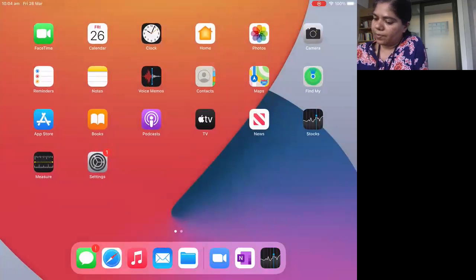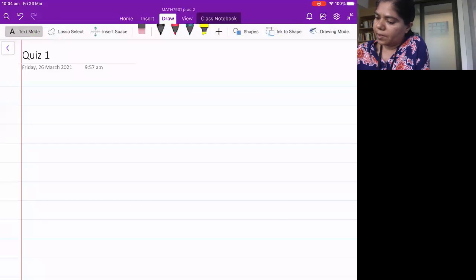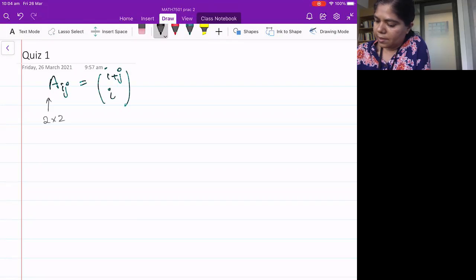So Aij equals i plus j choose i. In the first case, when this is a 2 by 2 matrix, A is equal to, the first is 1, 2, 1, 2.